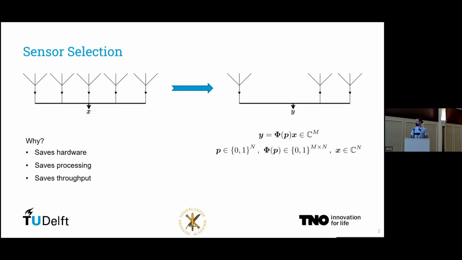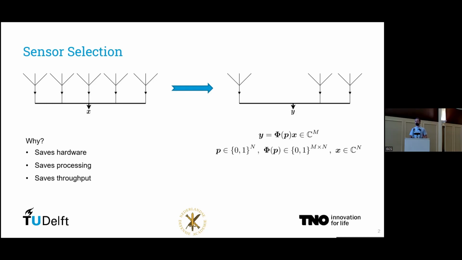So just to make it a little bit formal, we had this vector X and we wanted to turn it into a vector Y. So we have a matrix phi, which we actually will not see after this slide, but I put it there for completeness, which is based on the selection vector P. The selection vector P is essentially just a binary vector, which has the same amount of elements as the candidate array.